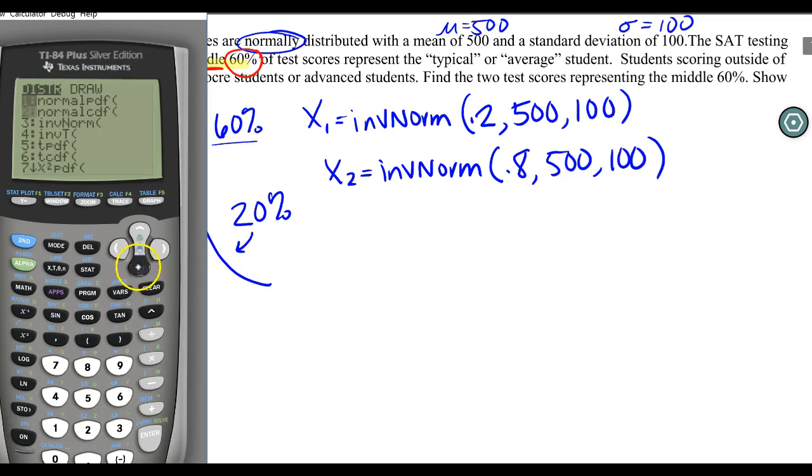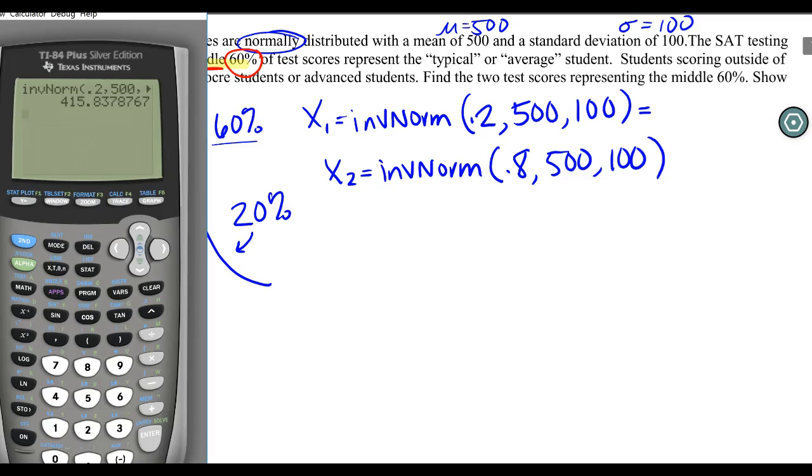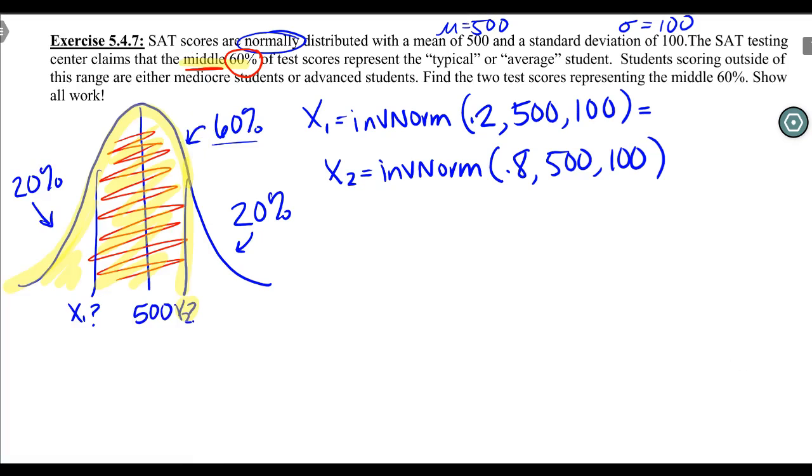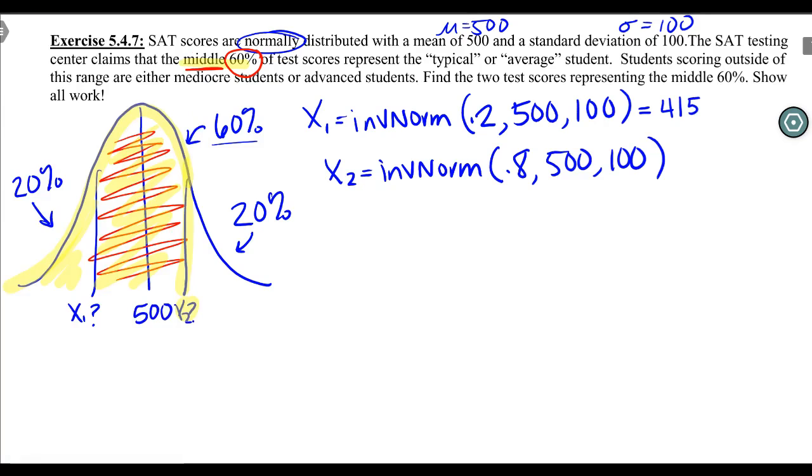So we can go into inverse norm, tell it our area is 0.2, and we're looking at 500, 100. So for the first value, we have 415.8379.